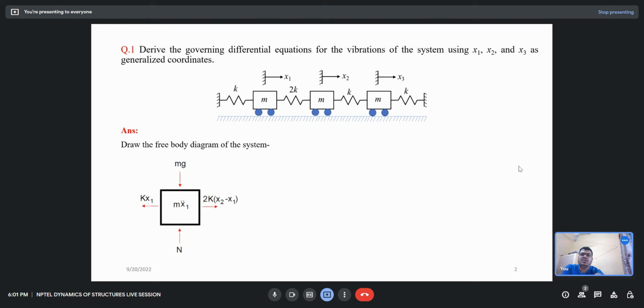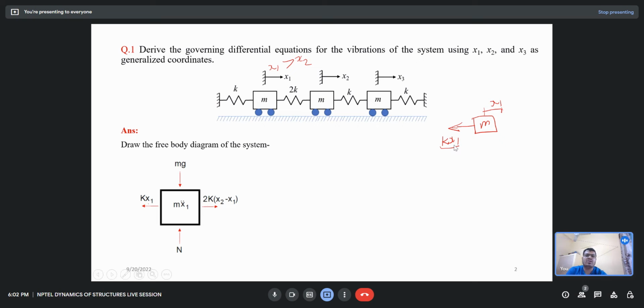Let us take x1 greater than x2. This is an assumption, not certain. If the m block moves x1, there will be a force resisting the movement, which will be k into x1.